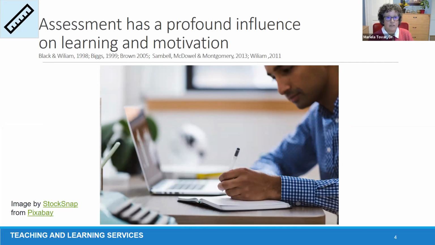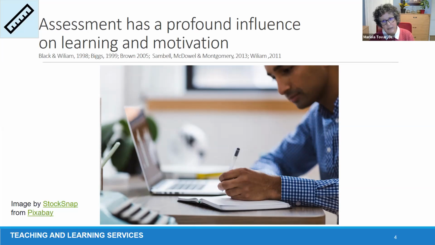From the point of view of the literature, this is founded, but also from the practical point of view, it makes sense because, as some authors have pointed out, our students can escape from our teaching, whether we like it or not, but they cannot escape from our assessment. So it makes sense to think about how we can make assessment a good learning opportunity for our students.